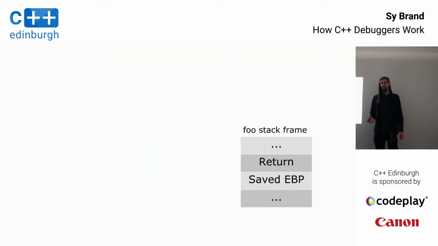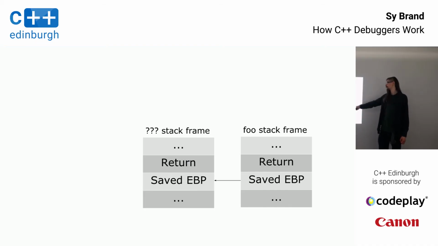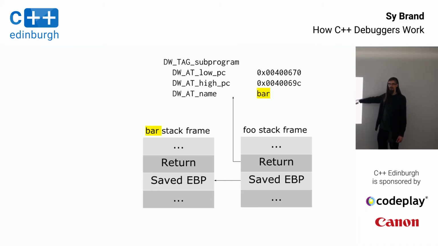So what we can do is look at this frame, the saved frame pointer, and that will tell us where the stack frame for our caller was. So now we have some stack frame. We don't know which function it's for, but maybe we can work it out, because we also have our return address.